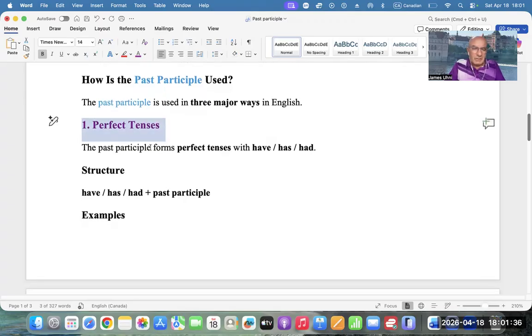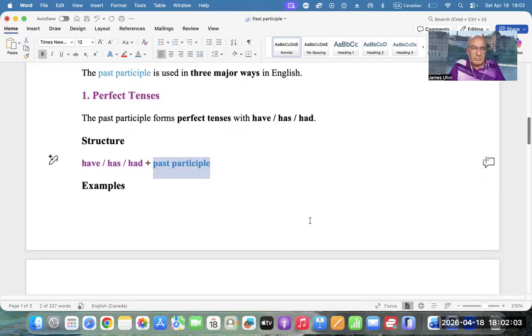In perfect tense, the past participle forms perfect tenses with have, has, or had. The structure is have, has, had, plus past participle. So let's make it this way. And in blue, past participle.